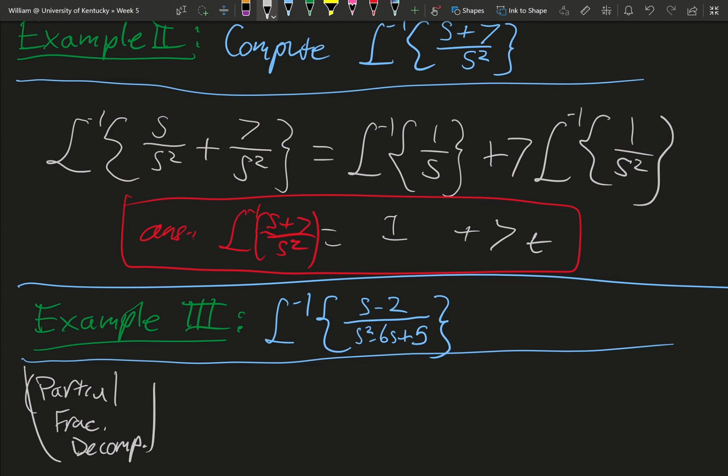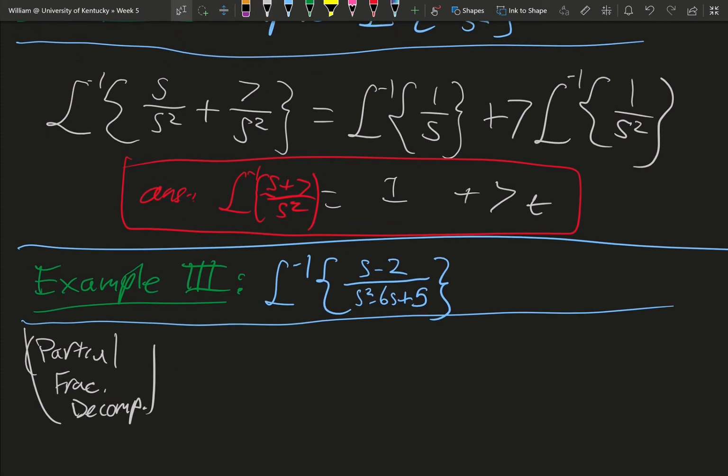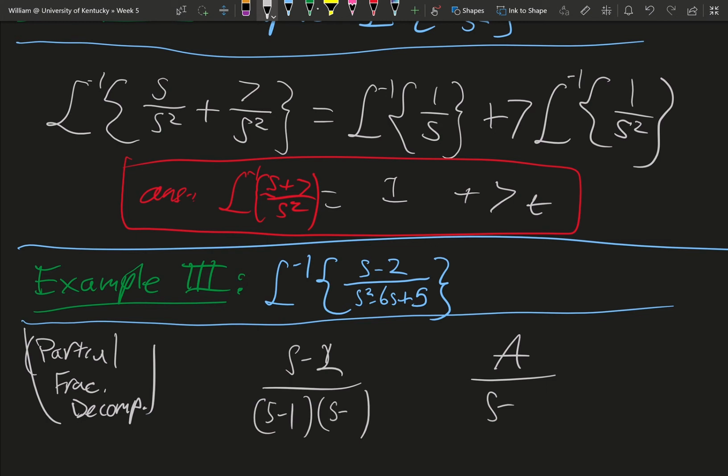So we can compute the inverse Laplace transform of something like some constant over s minus... Oh, so first we've got to factor it. So we can factor this as (s − 1)(s − 5).